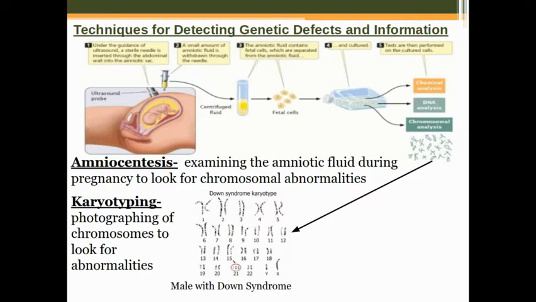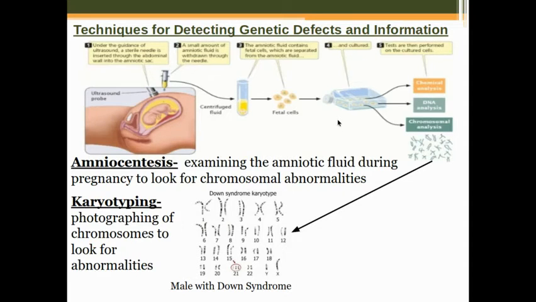A small amount of that amniotic fluid will be drawn out and it'll be centrifuged. And so it gets spun around. That's what centrifugation is, and it separates it by density. The fetal cells that are floating around in the amniotic fluid settle to the bottom, and they're able to culture them, and they're all going through mitosis.